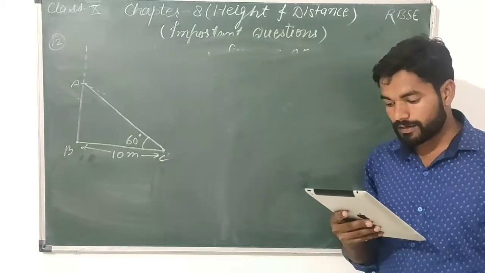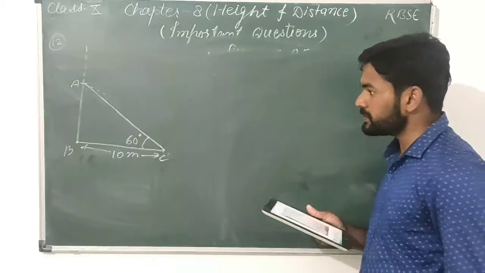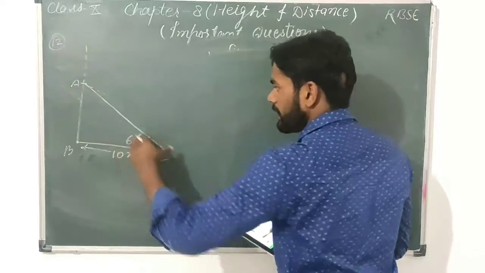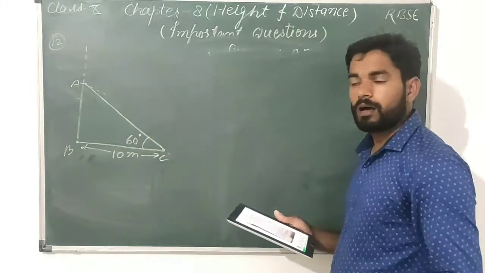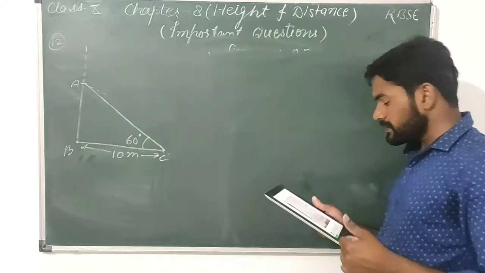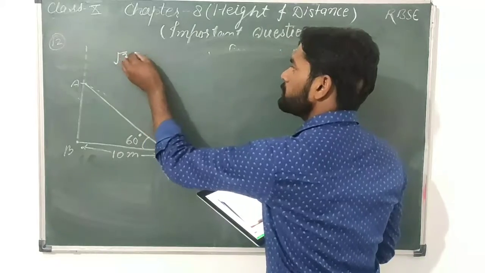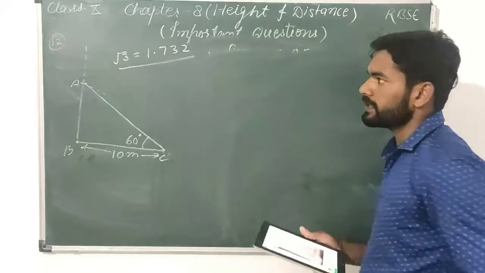Find the height of the tree before breaking. Means we have to calculate the original height of the tree. So we have to calculate this part and this part, and after this we will add these both. And it is given that we have to use root 3 equal to 1.73. It is a condition.